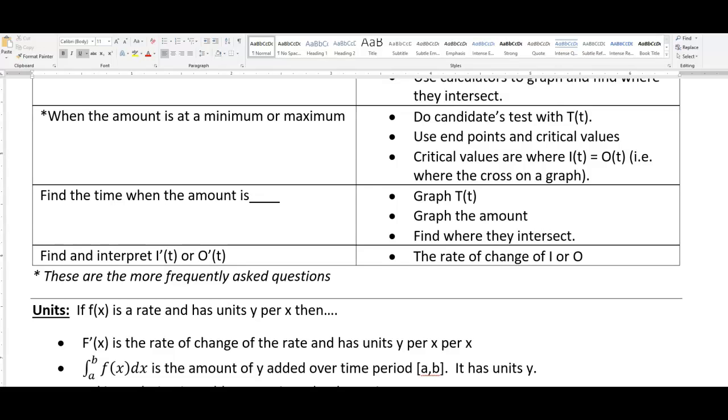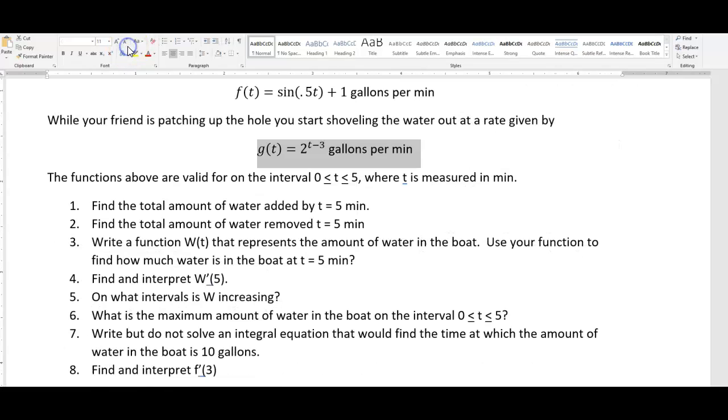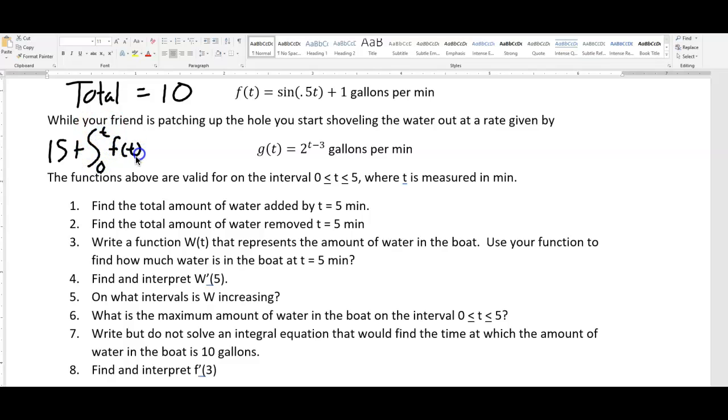Now for my question though, I just said, let's write the equation but not actually solve it. So I want to know, when does the total equal 10? Well, the total amount is 15 plus the integral from 0 to t of f minus g. And there's the answer.